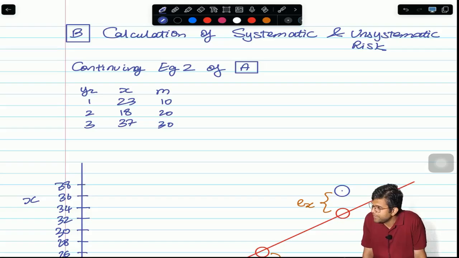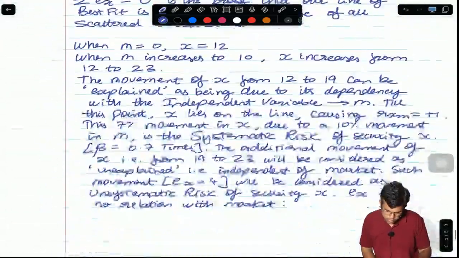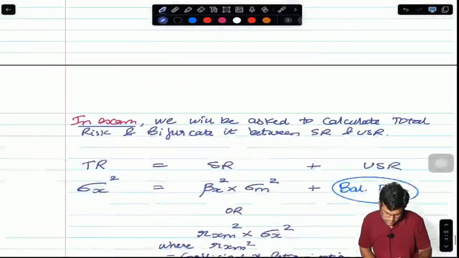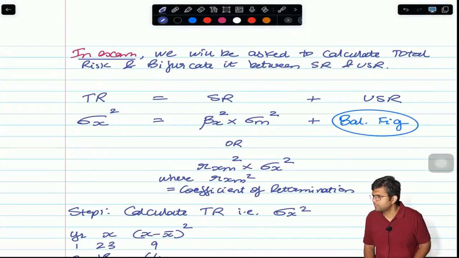From where is it pending? From point B. Okay, so do one thing. In the notebooks, you write from here. This you write: basic steps to be followed and all that.